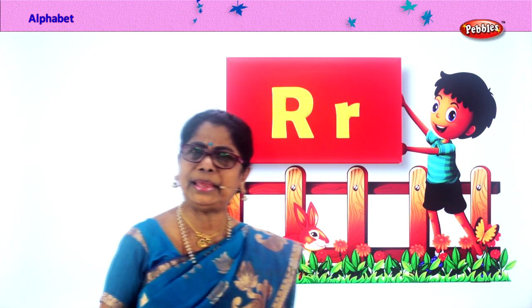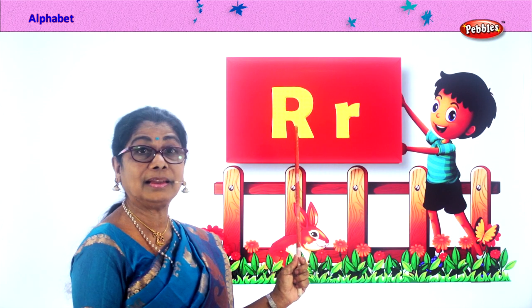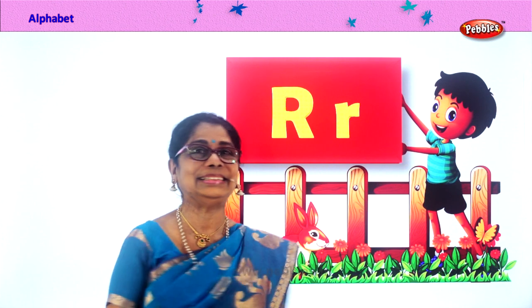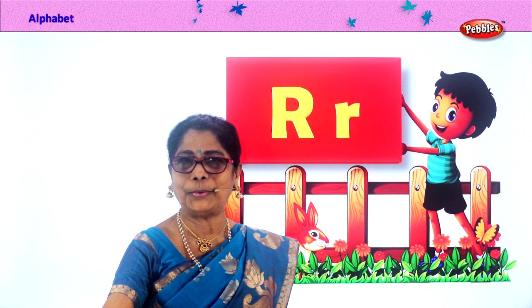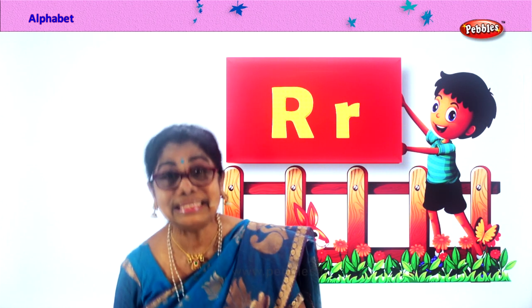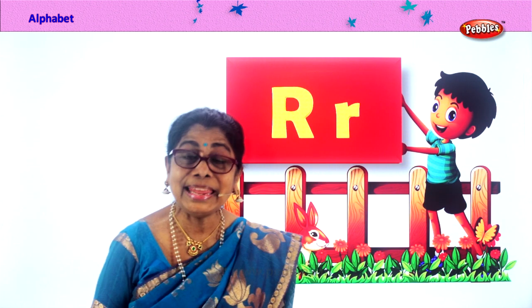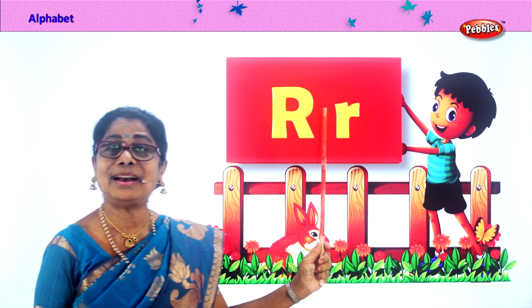Now let's remember the puppy and the little rag and sing the song to remember the sound of letter R. Look at the puppy now, holding a rag, and he's going to rip it out.